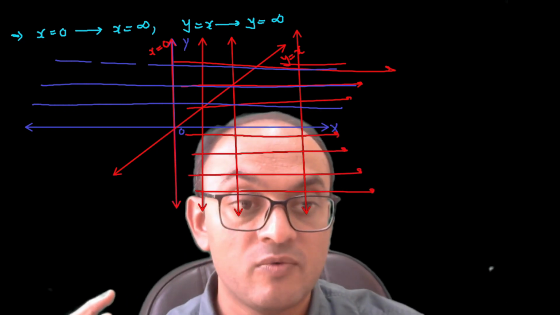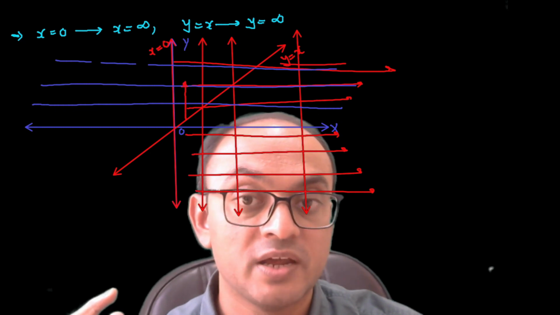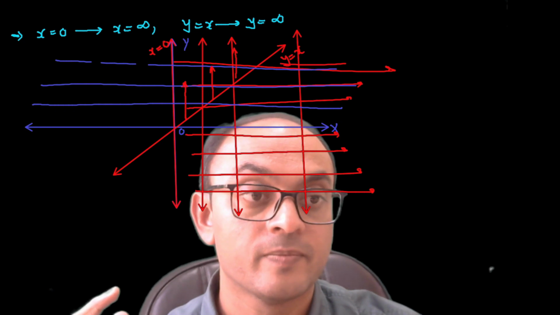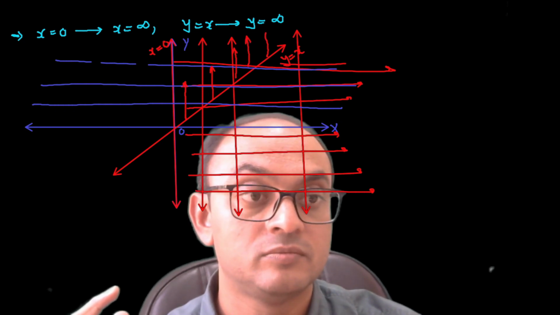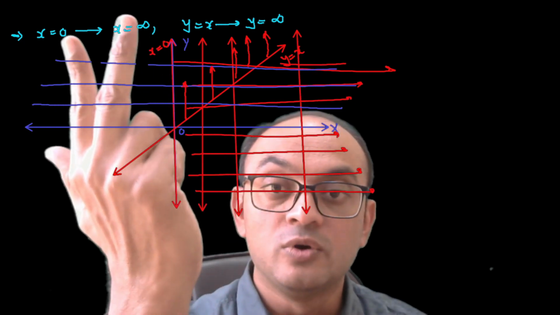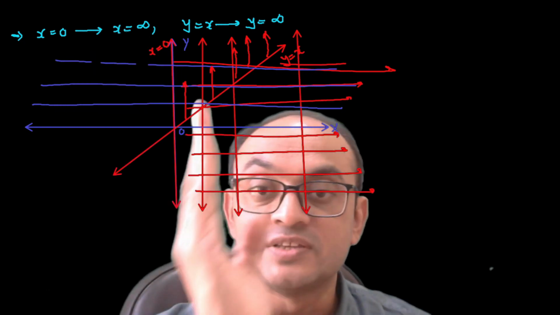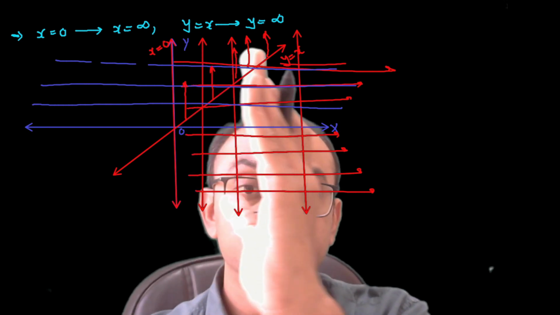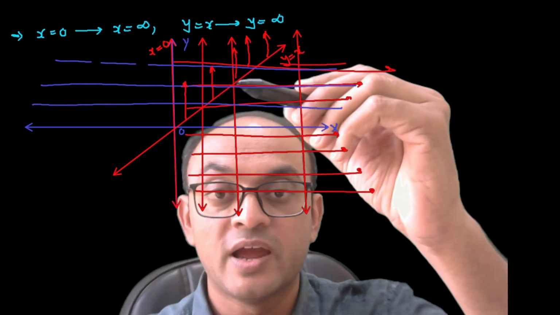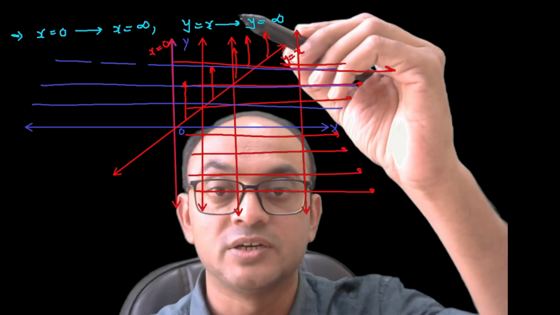So when I start from y equal to x and move to upside, it fixes this portion. So what is my region? X equal to 0 to x equal to infinity fixes this part. In this part, start from y equal to x and move in the up direction. Right.